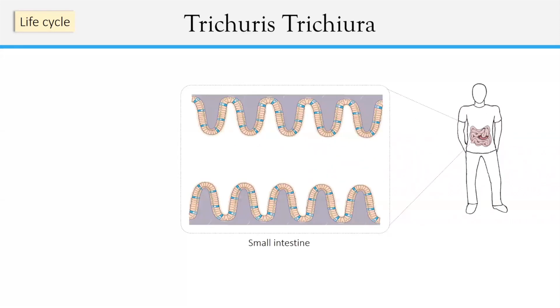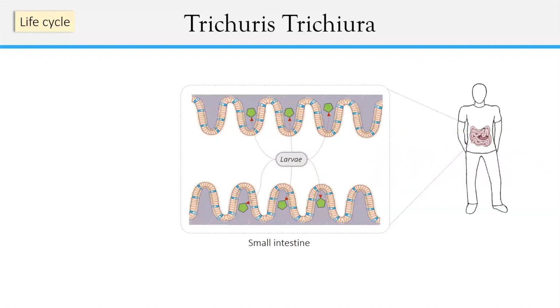When this happens, inside of the small intestine larvae will appear, and these immature larvae will migrate inside of the villi of the intestine for development.